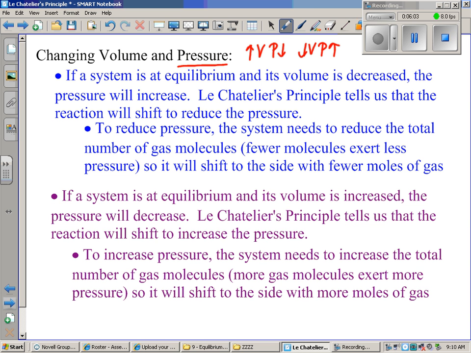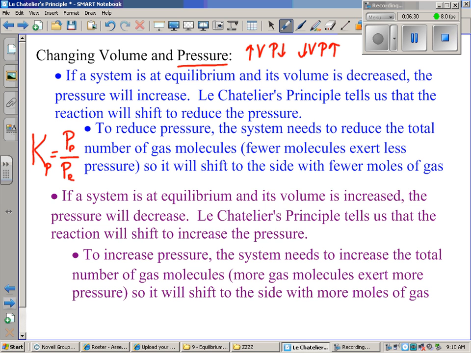If we have a system that's in equilibrium and we change its volume, say we increase its volume, which decreases its pressure, now there's too little pressure for this reaction to be at equilibrium. Remember our K values, squeeze this in here, our Kp is our pressures of our products over our pressures of our reactants. So if we change the pressure, it's going to screw up the equilibrium, and the system is going to try to get back to equilibrium.